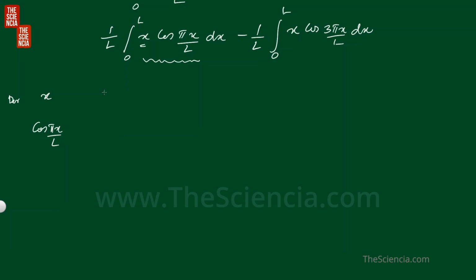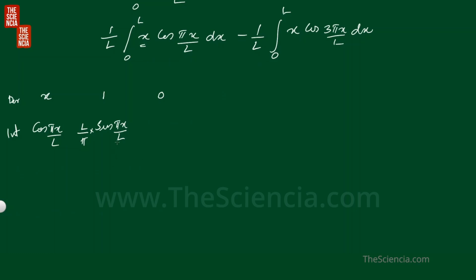First I get 1, and again the derivative of 1 gives 0, so there are no more derivatives. And here I am going to take the integral of this function. So the integral of cos(πx/L) will give sin(πx/L) into L/π.